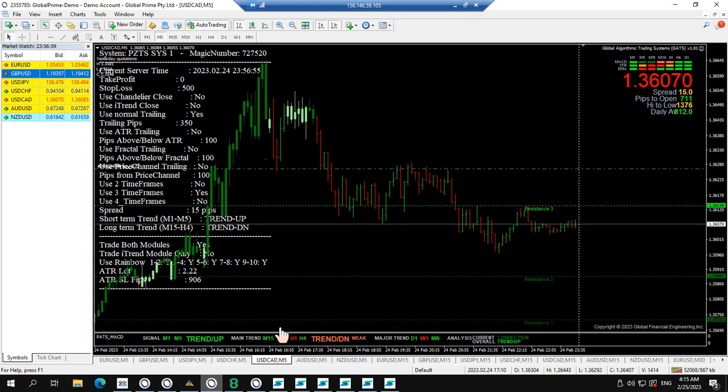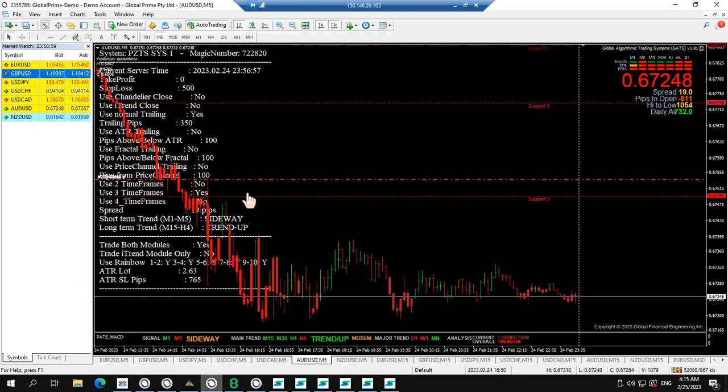USD CAD, it's out of the money, so to speak, because we enter here, which is a buy, and we pull back. Okay. Australia USD, a massive collapse in this pair. We were able to move our stop loss below the entry point.